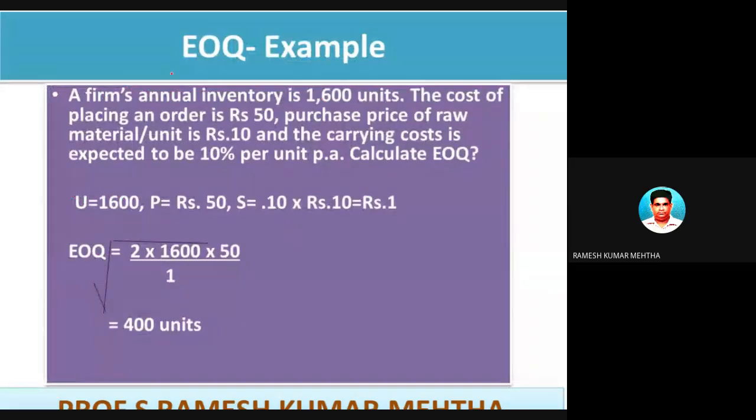So the problem goes like this. The company requires 1600 tires in a year. This company is Tata Motors, and Tata Motors requires every year 1600 units of tires. The cost of placing an order, that is, whenever they want to place an order, they tell MRF to send the tires.